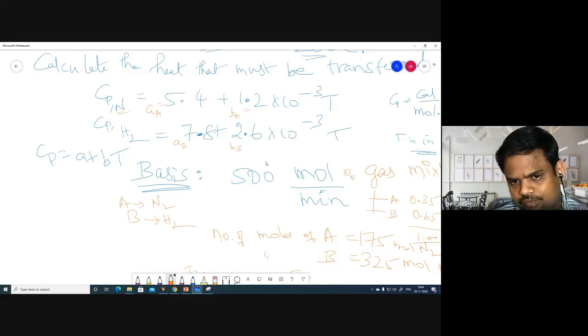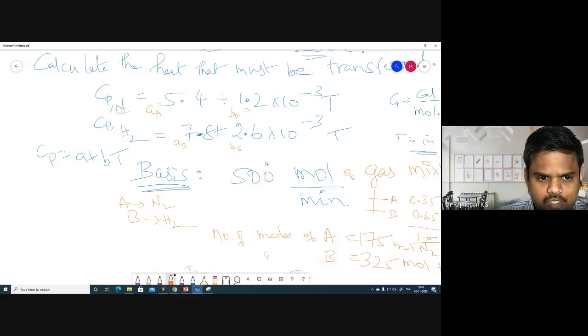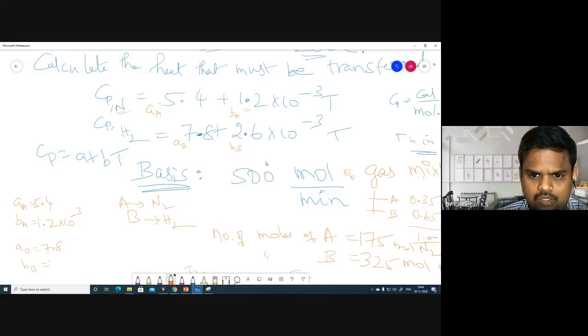So let me write the values. AA equal to 5.4, BA equal to 1.2 into 10 power minus 3, AB is 7.8, BB is 2.6 into 10 power minus 3.